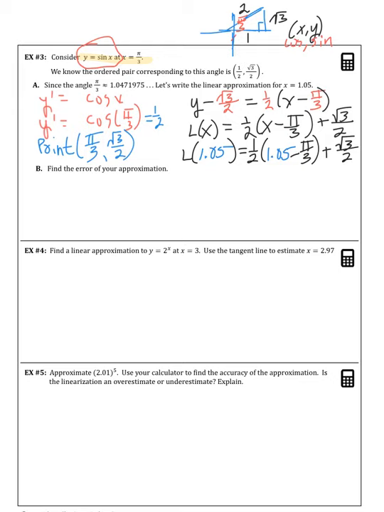So throw that into your calculator and you get L of 1.05 is approximately equal to 0. I'm going to go out to several decimal places.